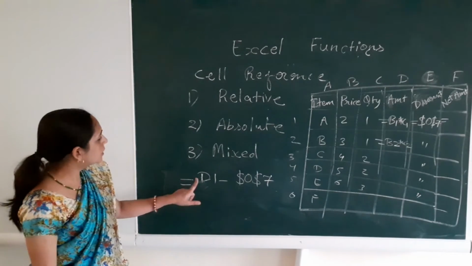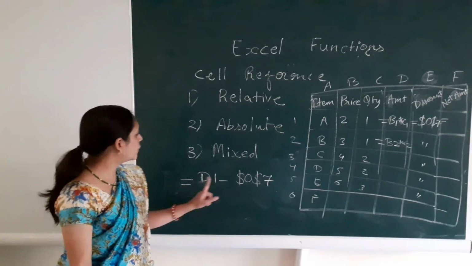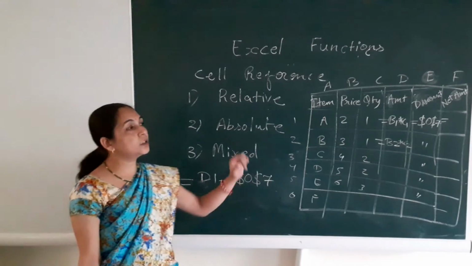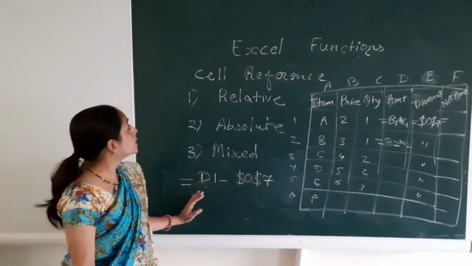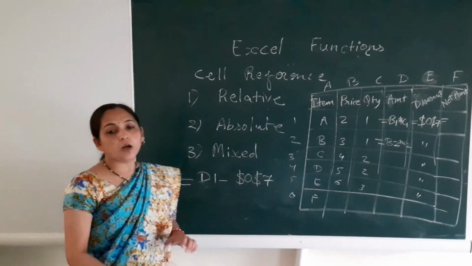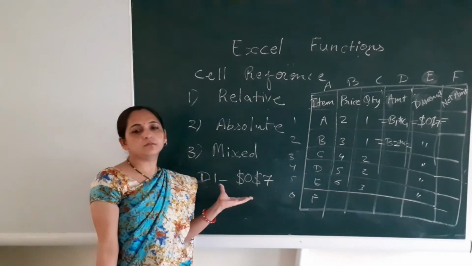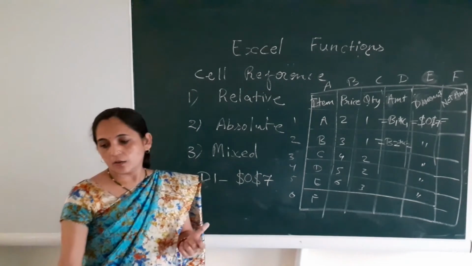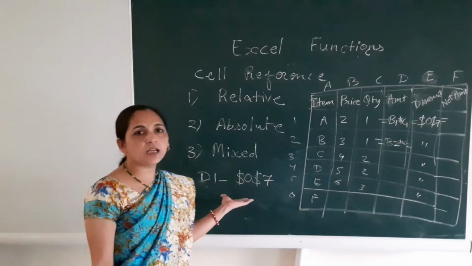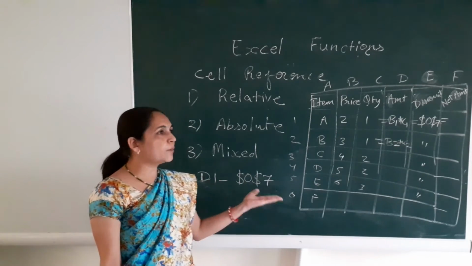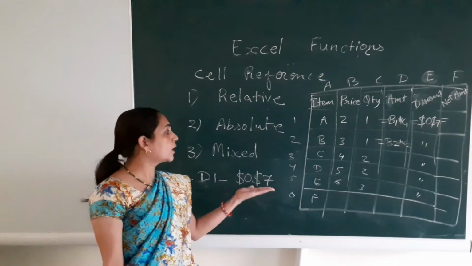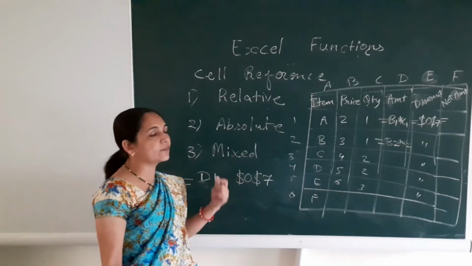It will deduct the discount from the amount and you will get the net amount. So this is cell reference. Next we need to use this in Microsoft Excel functions, because if you have an idea about it, then only you will know where to apply the information about cell reference.